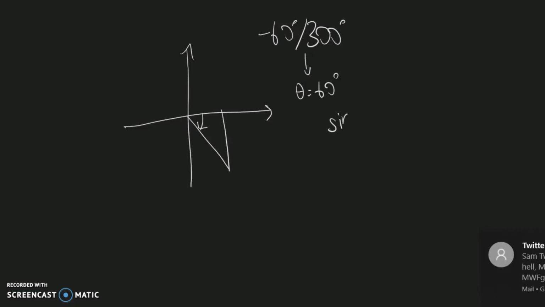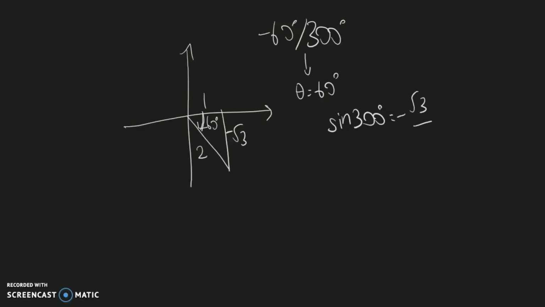Okay, so 300 degrees. The reference angle is obviously 60 degrees. So for the sine, you can either use minus 60 or 300 degrees because it's the same thing. The reference angle is 60 degrees, with sides 1, square root of 3, and 2, and since this is below the x-axis, this becomes minus. The sine of 300 degrees, opposite over hypotenuse, is minus square root of 3 over 2.